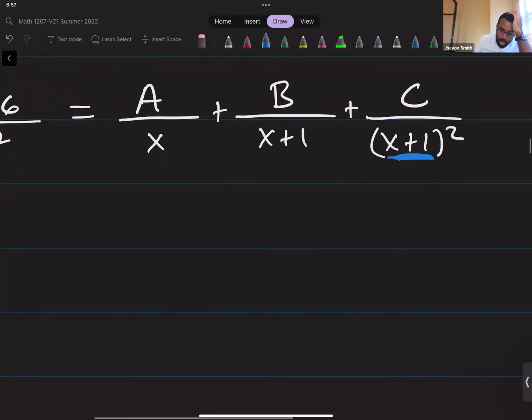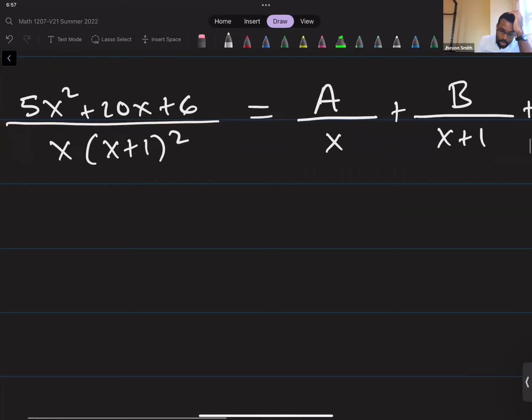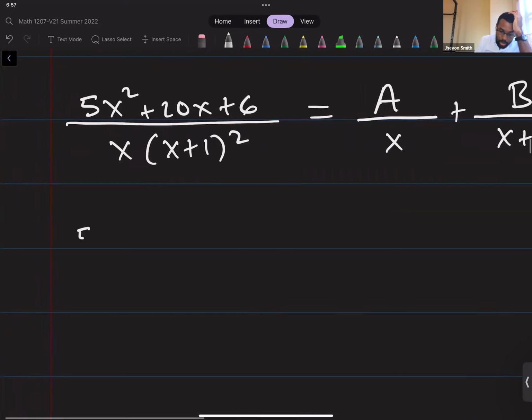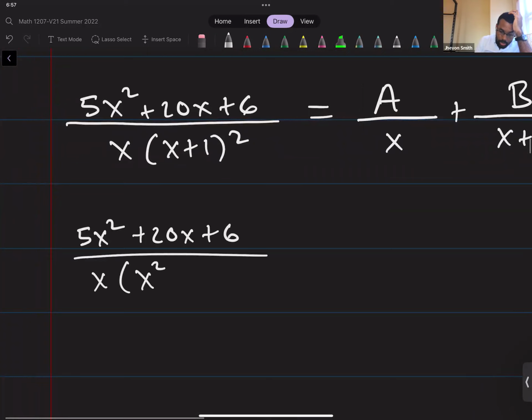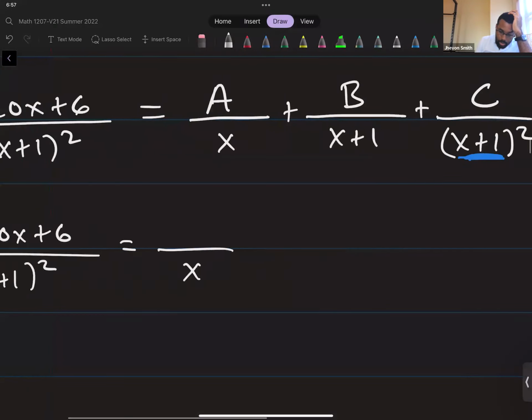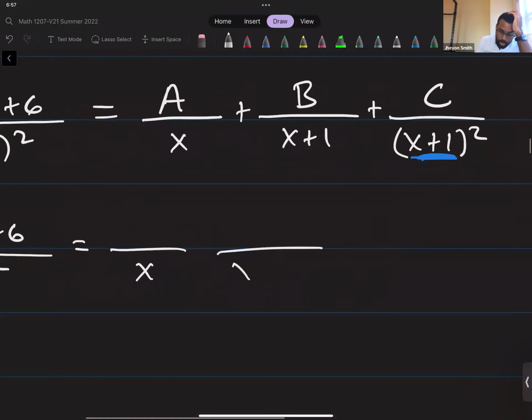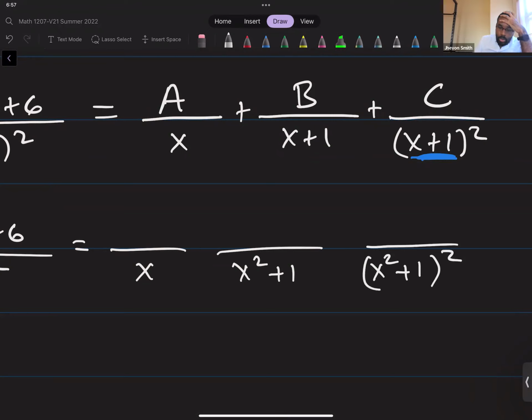So if it were something like this, what you're focusing on is the base factors.